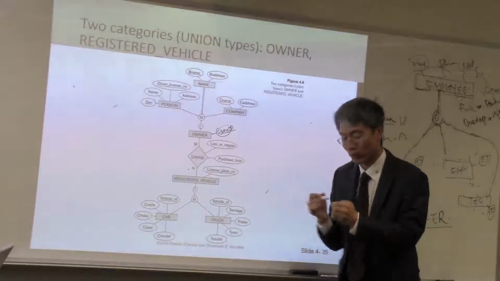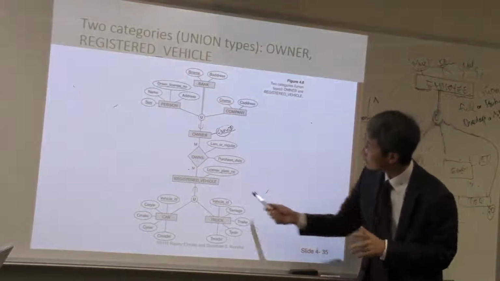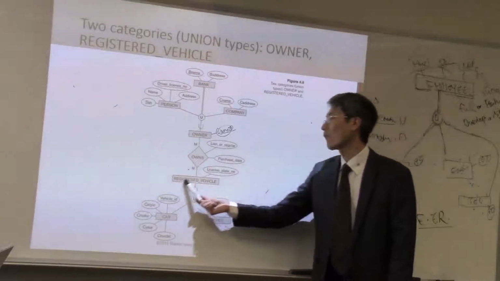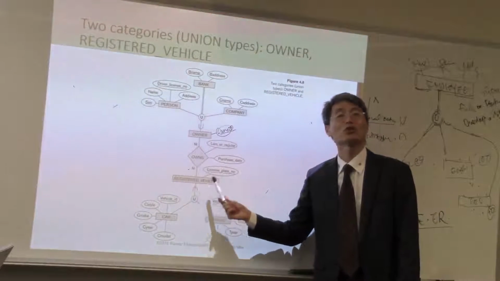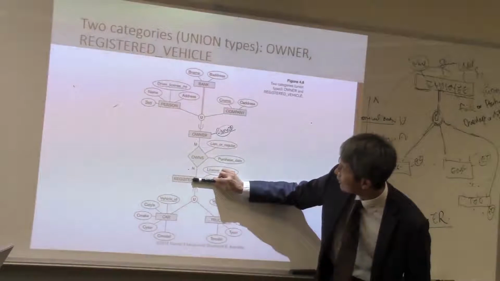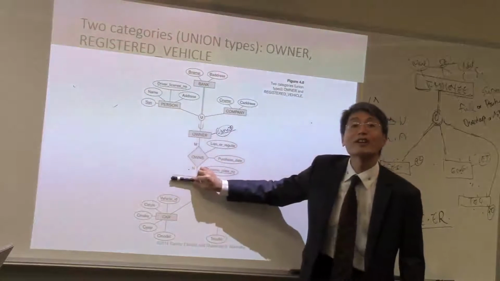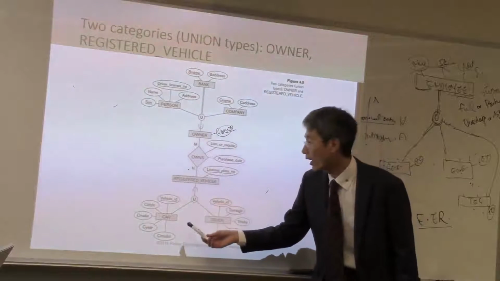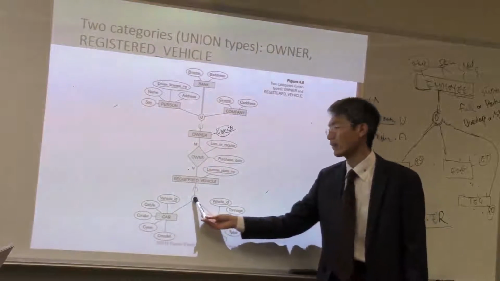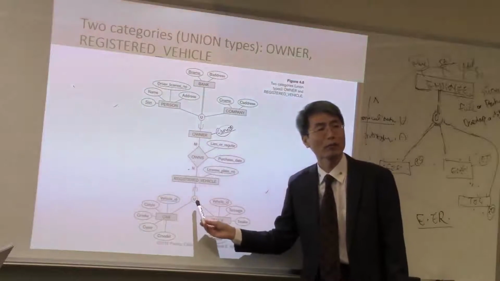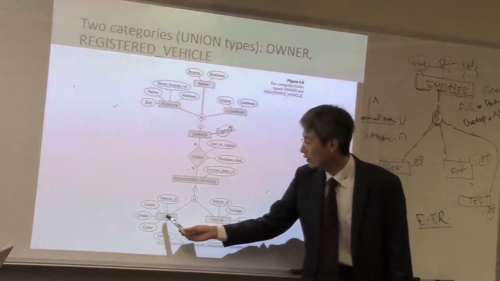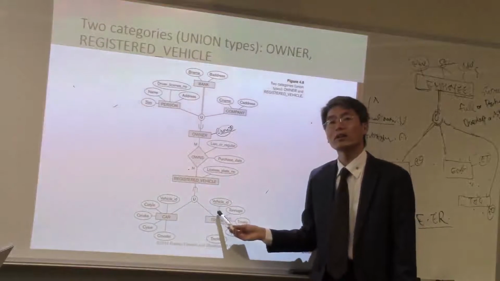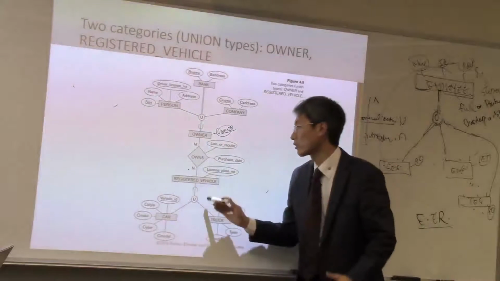So this is called a survey. Why don't you keep it in mind? This is also the same kind of example. Actually, I think that this is intentionally created as a union type case. Registered vehicle is inherited by car and truck, but this is a union. This is not overlap. The previous example is where the car is an entity and the truck is an entity, then we can generalize to the vehicle.